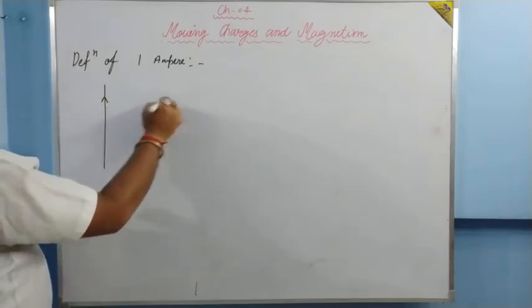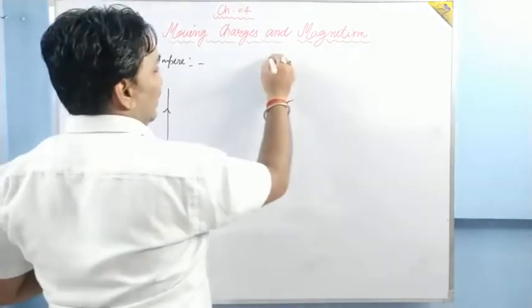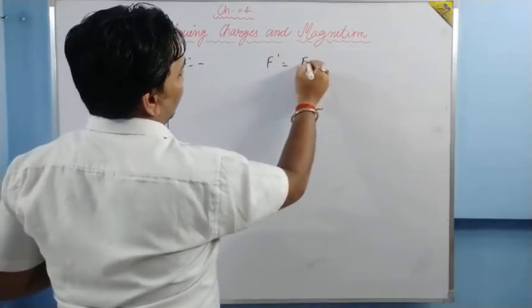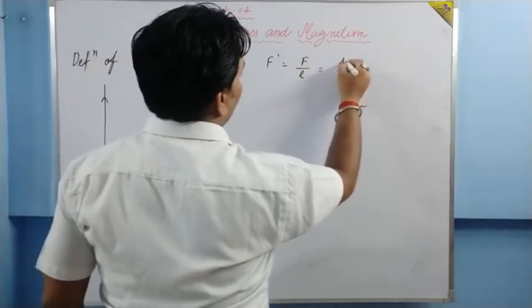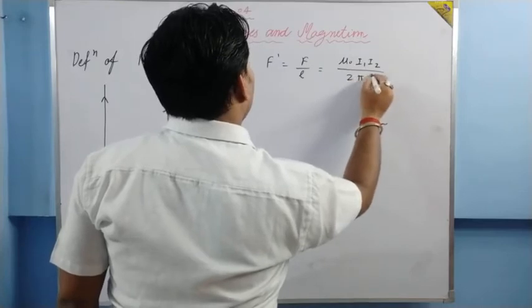What we have seen, if two parallel wires are there, then there is a force per unit length acting. Suppose F dash is equal to force per unit length, and it is equal to mu naught I1 I2 upon 2 pi d.